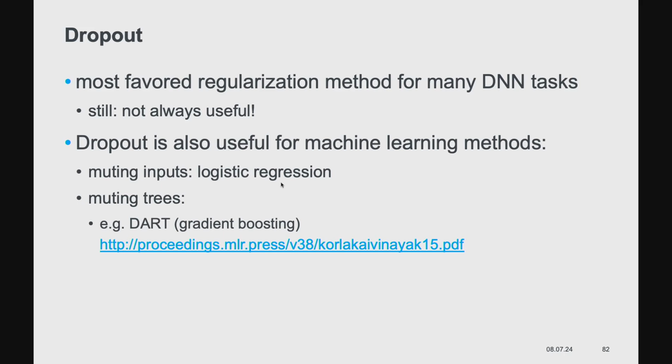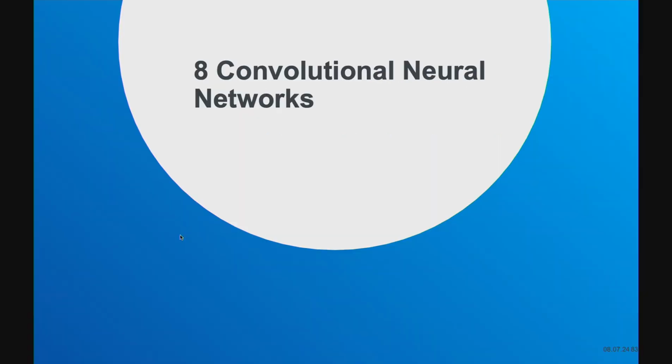It may make sense to not emphasize one particular input channel too much. Again, you might run into memorizing rather than learning. And so you could use dropout to mute certain attributes that you provide as inputs. You could also, when you do bagging or boosting, mute certain trees sometimes, so you don't rely too much on specific trees. And here you have dropout with gradient boosting.